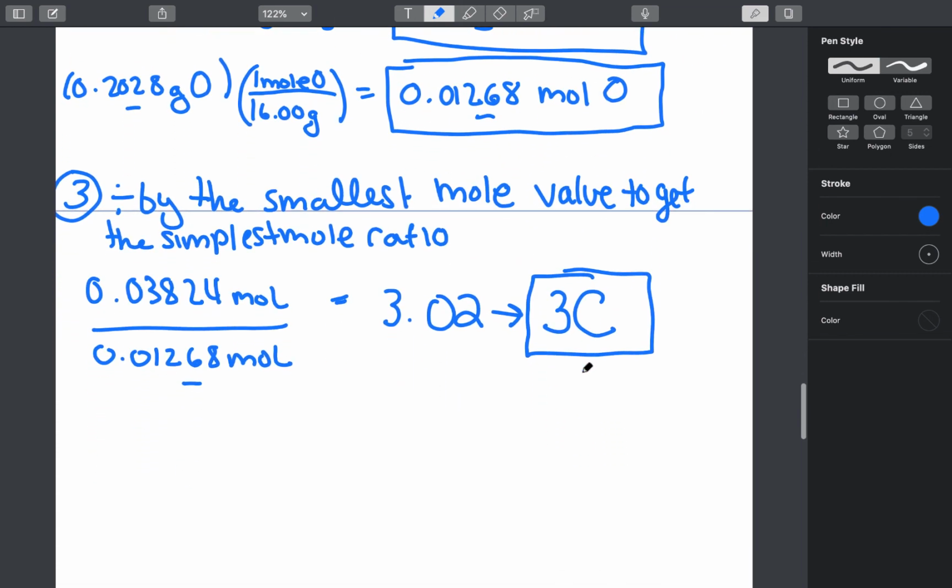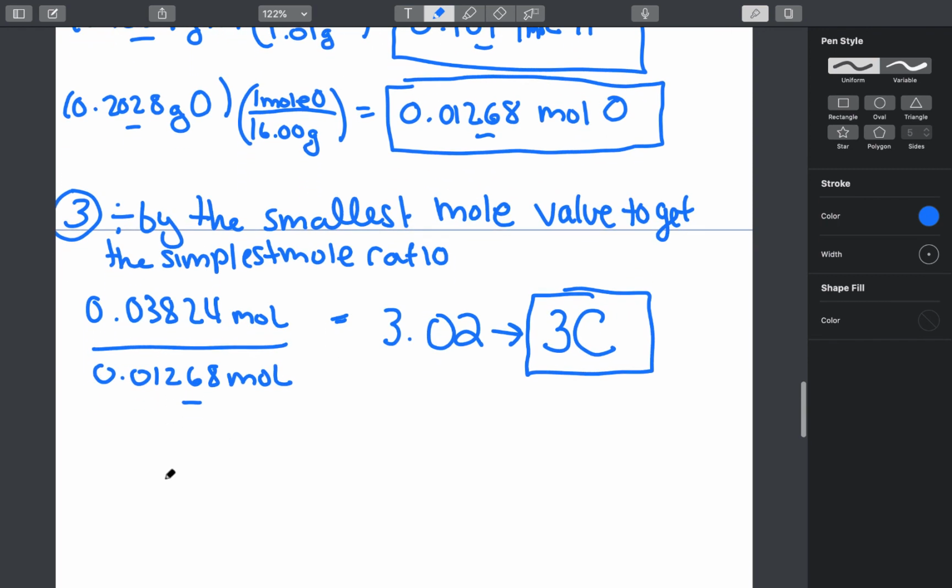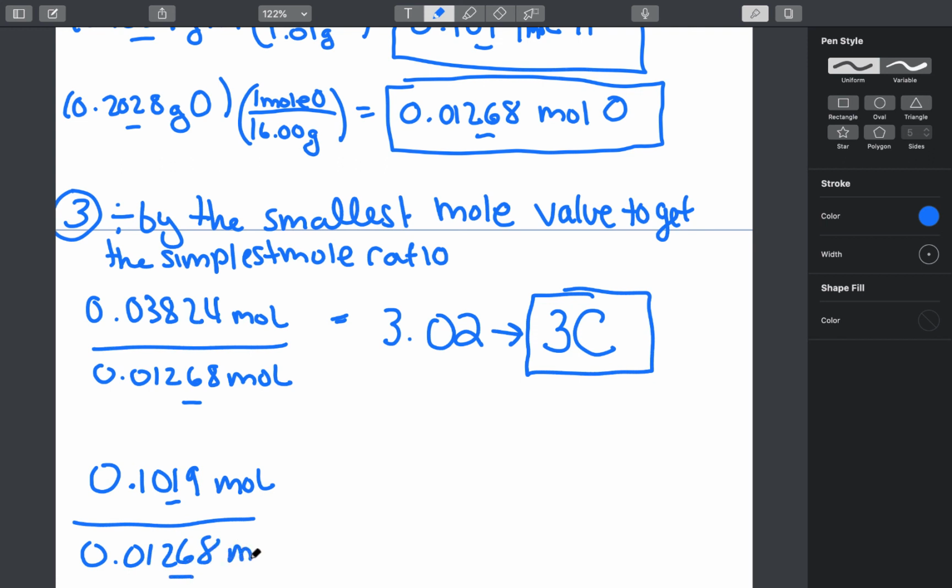So we got carbons down. So let's do hydrogens now. So 0.1019 moles. So let's put a little hash under the 1. Divide that by 0.01268 moles. And then when you put that all together, let's put that in our calculator.